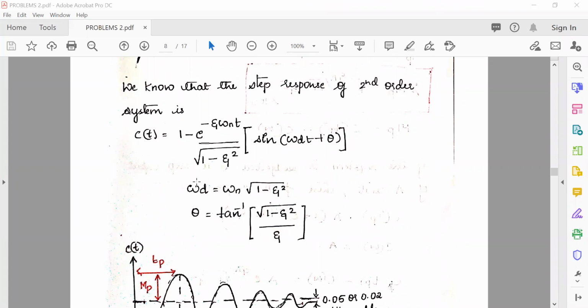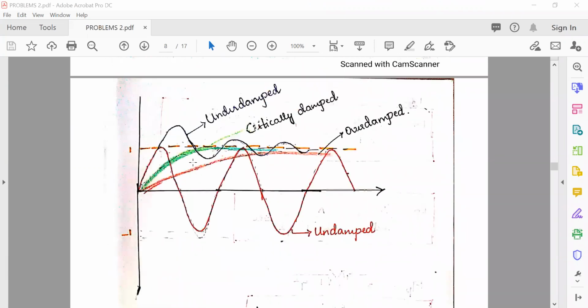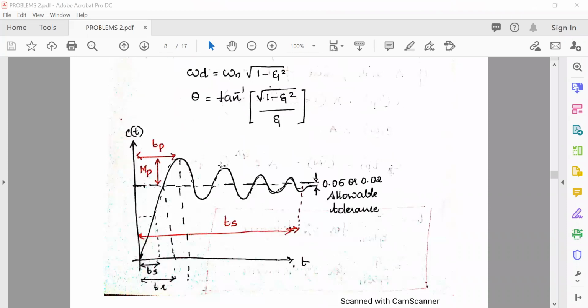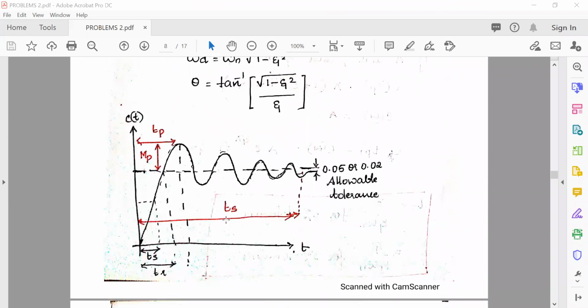This derivation was done in one of the videos; please refer back to it. This is the output C of t for a system with step input in the underdamped condition, and this is the response for an underdamped system. Here zeta is greater than 0 but less than 1. The system will oscillate but it will settle down. It is not like overdamped, which is something like this.